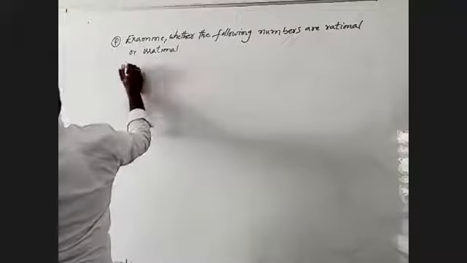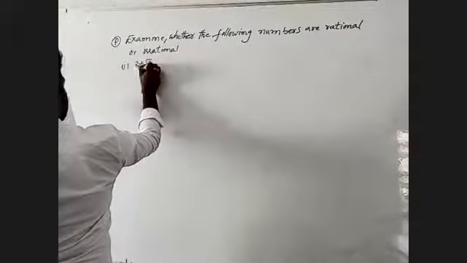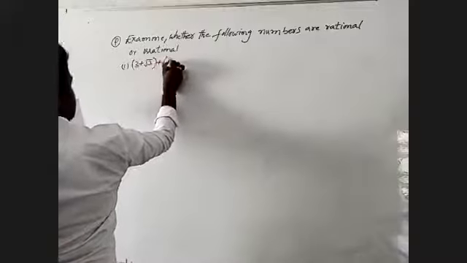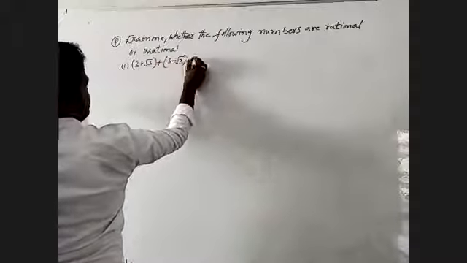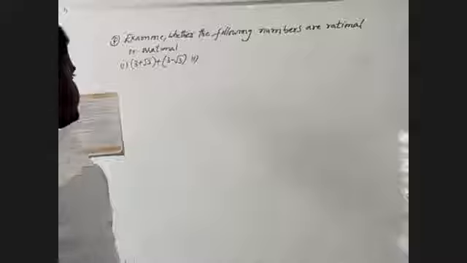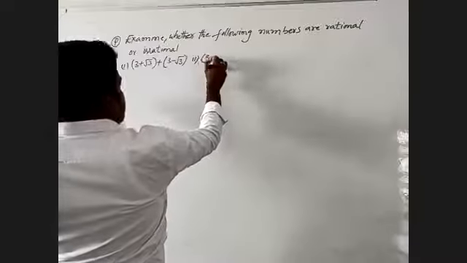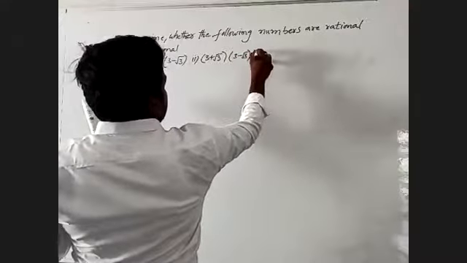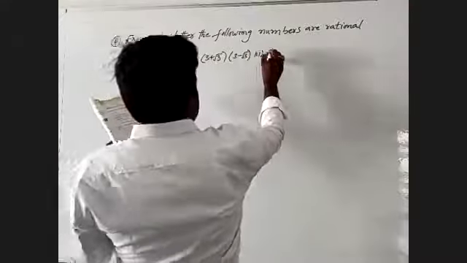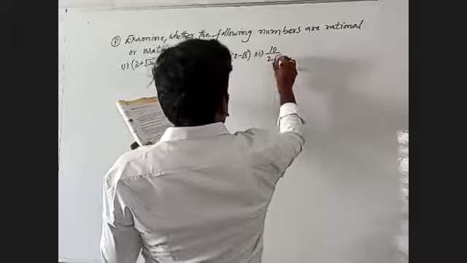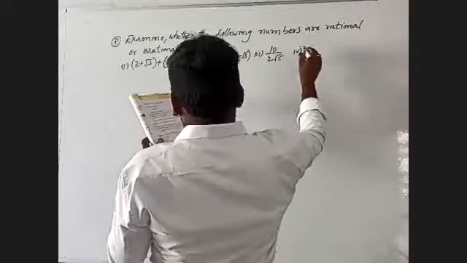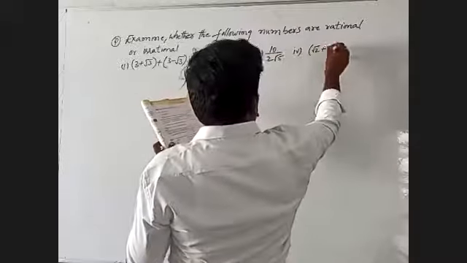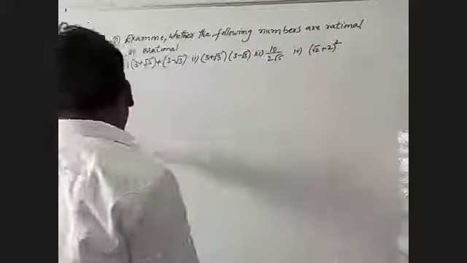The first one is 3 plus root 3 plus 3 minus root 3. The second one is 3 plus root 3 into 3 minus root 3. The third one is 10 by 2 root 5. The fourth one is root 2 plus 2 whole square.